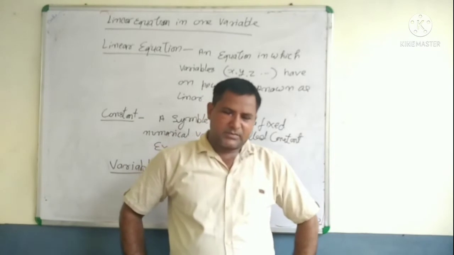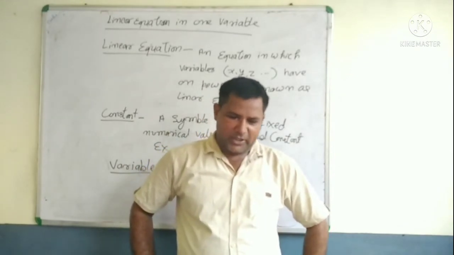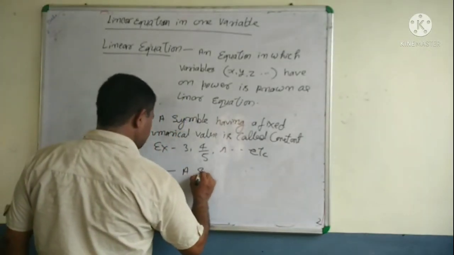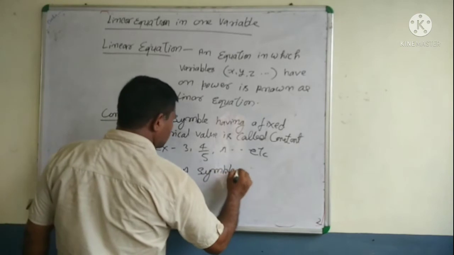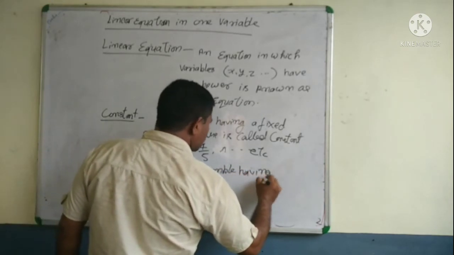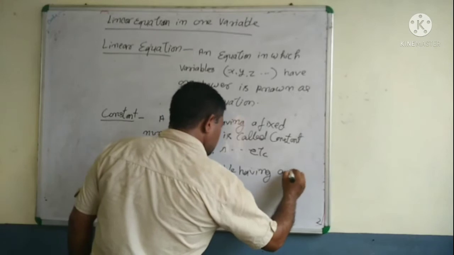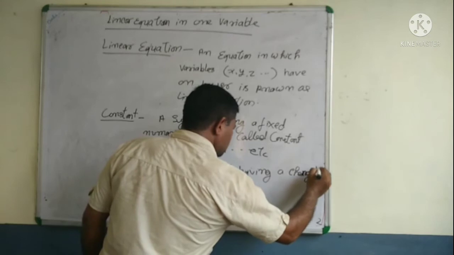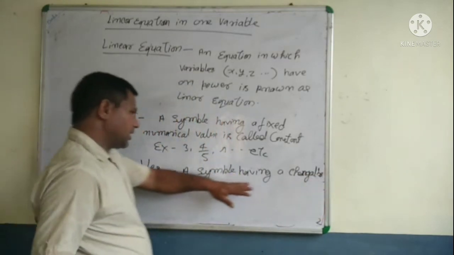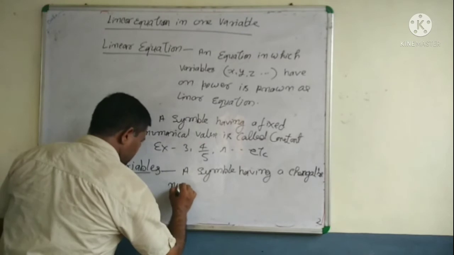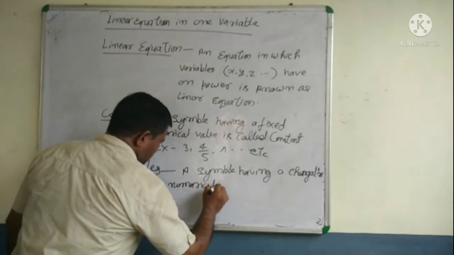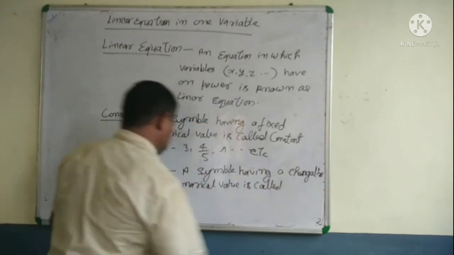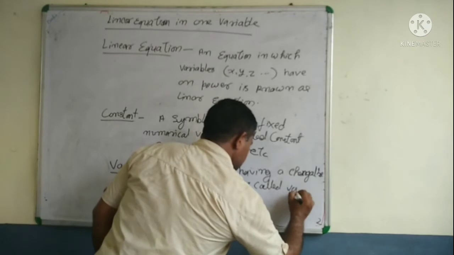A symbol having a changeable numerical value is called a variable.